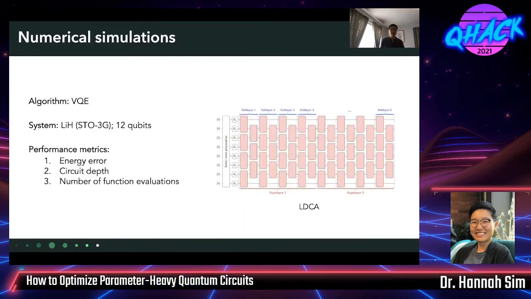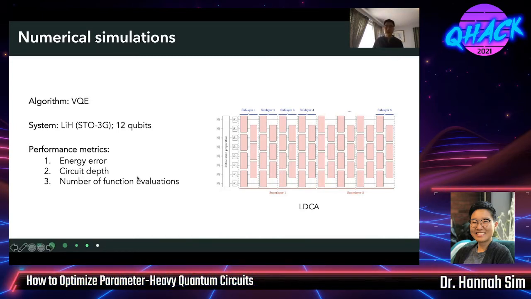And so to demonstrate PECT, we consider the variational quantum Eigensolver algorithm, where the system of interest is lithium hydride in the minimal basis. This corresponds to a 12-qubit VQE problem. And we're going to consider the LDCA circuit, which I mentioned before, at around 5 to 6 super layers, which should correspond to about 1,002 to 1,200 parameters that we have to optimize.